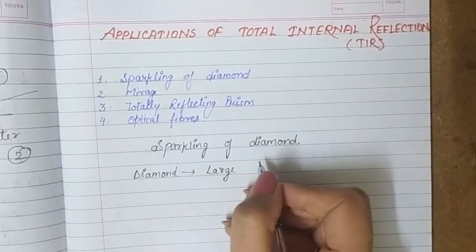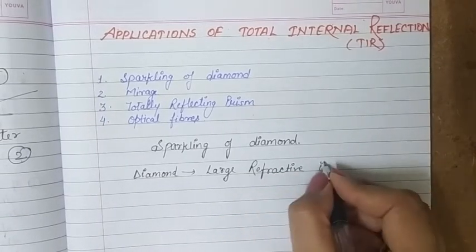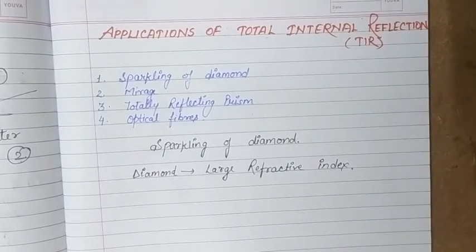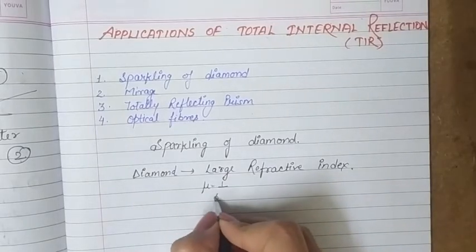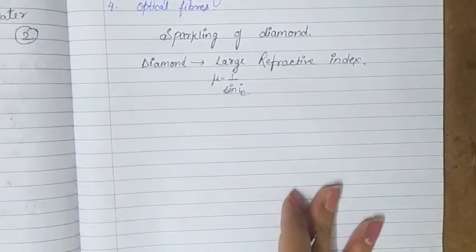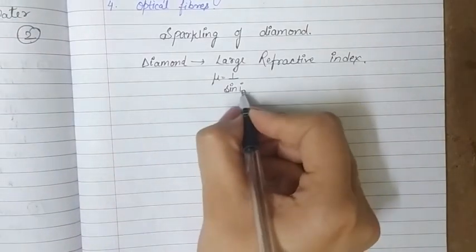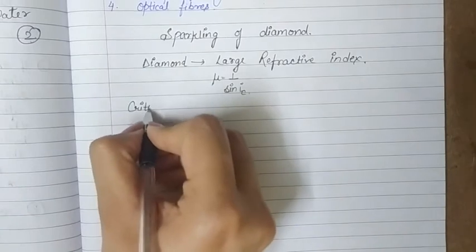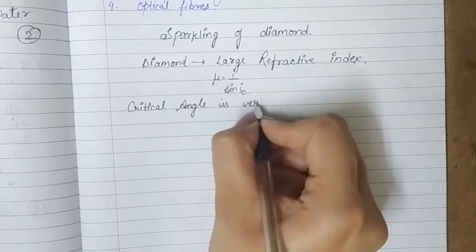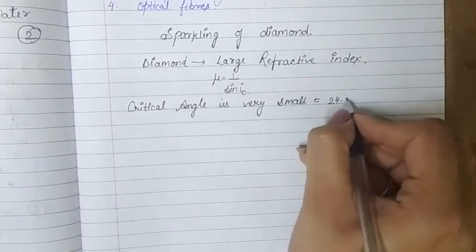Since the refractive index is inversely proportional to the critical angle, as we know the relation mu = 1/sin IC, where IC is the critical angle and mu is the refractive index, diamond has a very small critical angle, approximately 24.4 degrees.